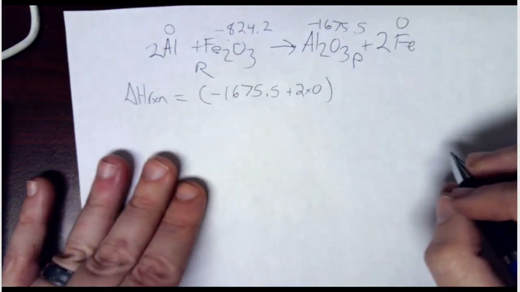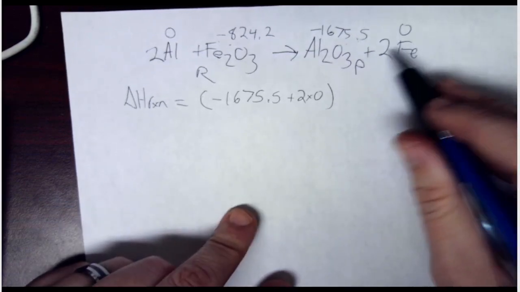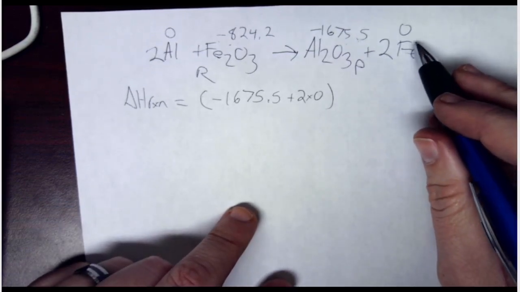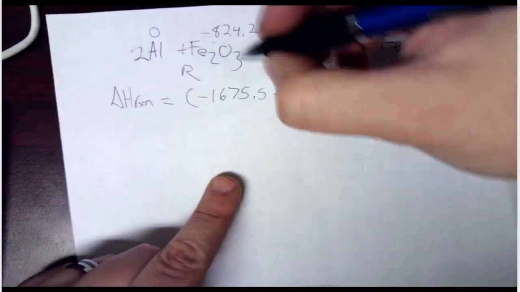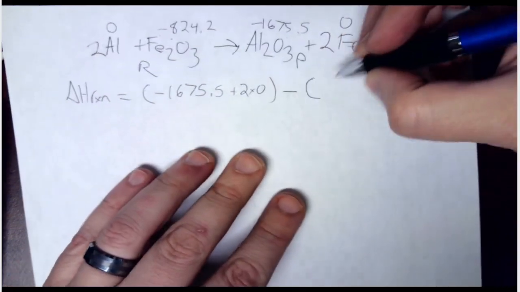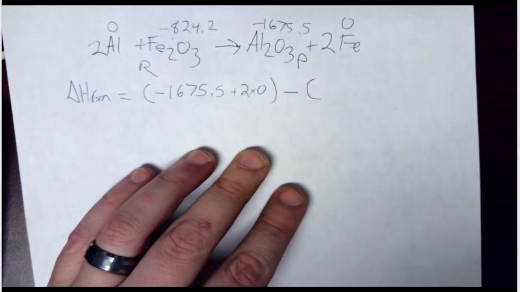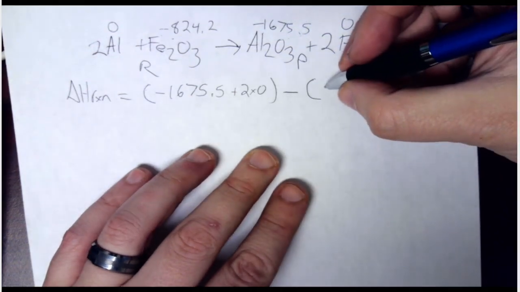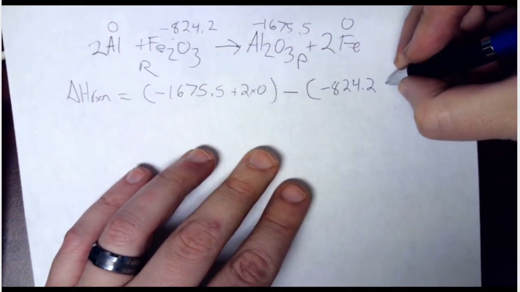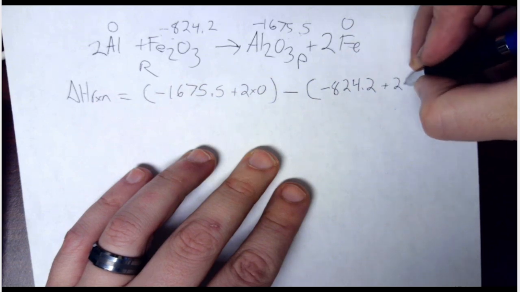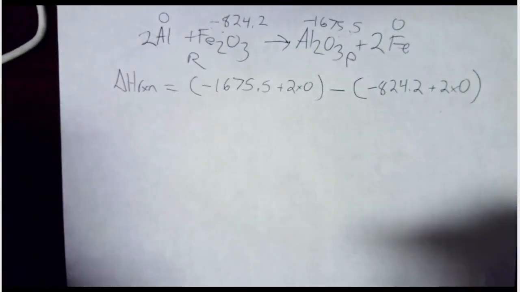Unfortunately or fortunately, the enthalpy for a pure element is 0, so 2 times 0 is 0. We're subtracting the enthalpy of all of our reactants: negative 824.2, and we're adding 2 times 0, which is once again 0.